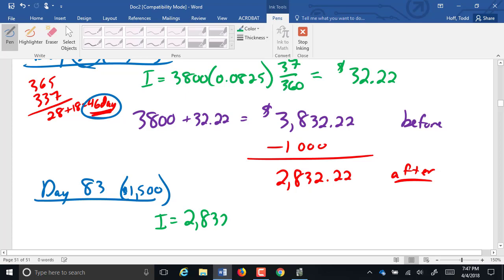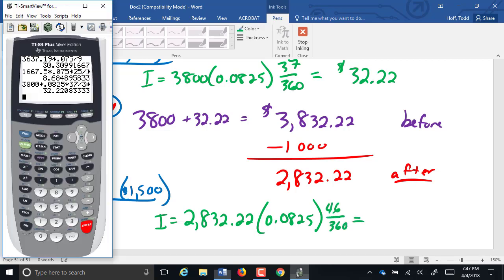So $2,832.22 times 0.0825 times 46 days over 360. $29.86.